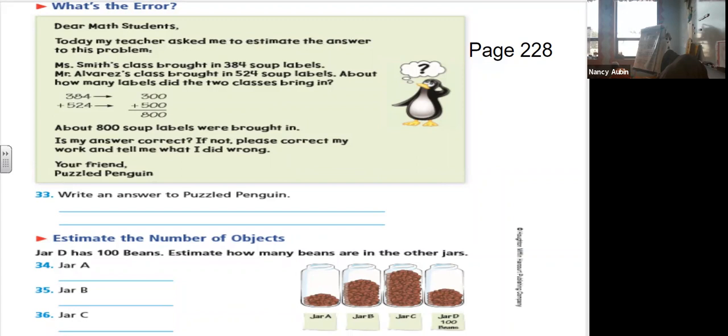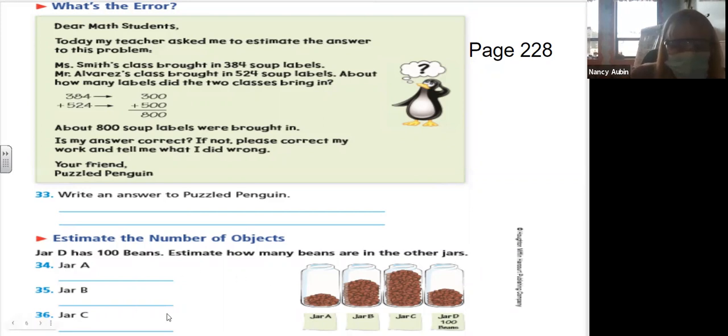If you want to show it to me, if it's too hard to do the picture, second grade, I can come get yours.